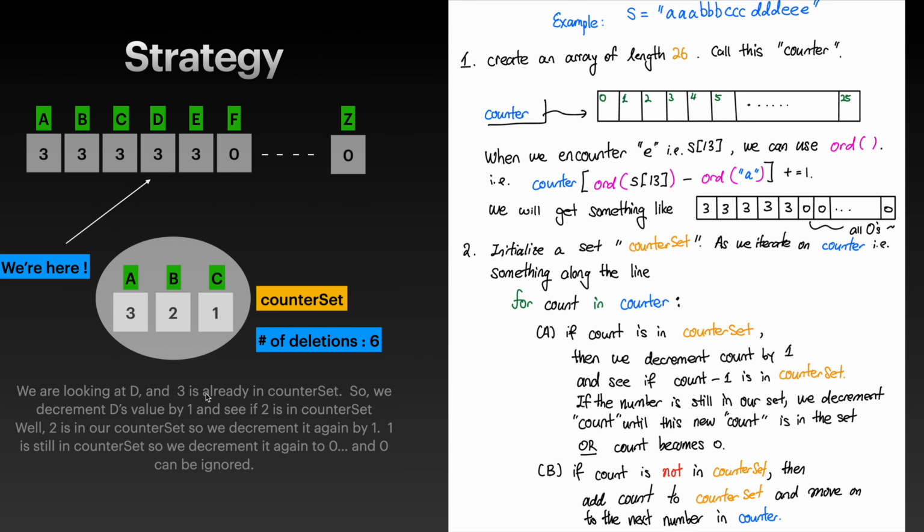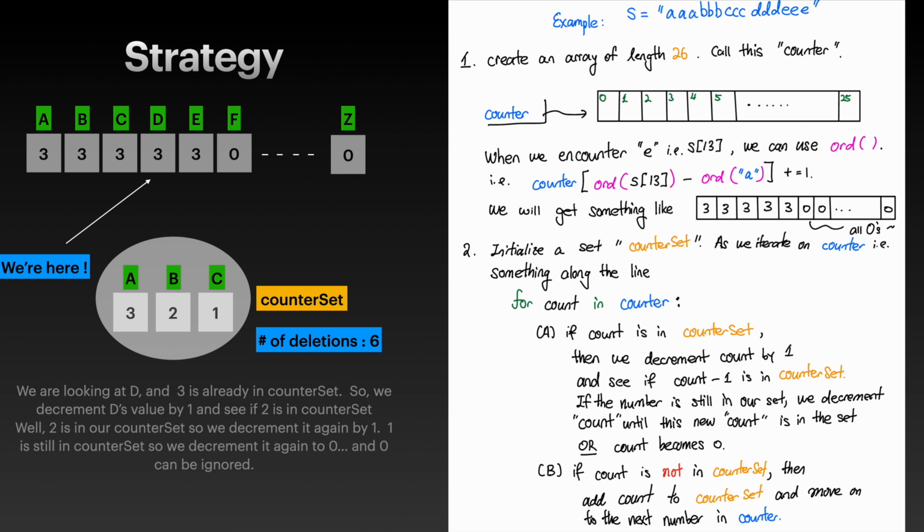So we don't add D to our counter set, but we have to decrement this 3 times, so we add 3 to our number of deletions, and that's why we get 6.